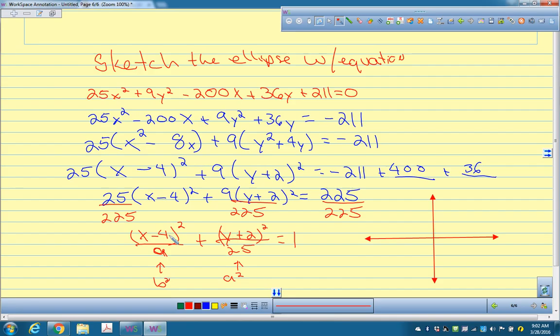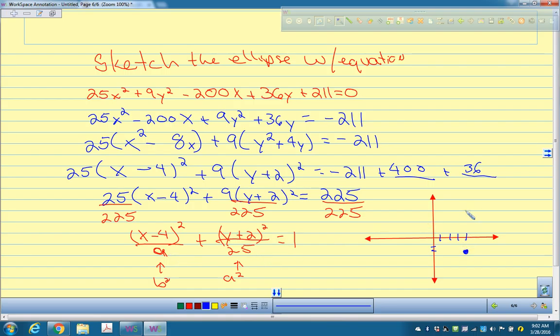The center is at 4, -2. It is a vertical one, since the number under the y squared is bigger than the number under the x, it's going this way.